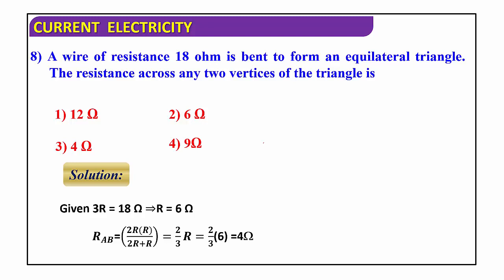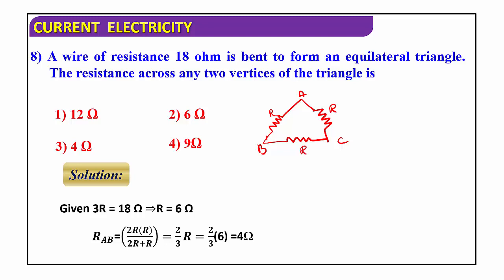Equilateral triangle means I can consider one resistor here, another resistor here and one more resistor here, right? So A, B and C. The wire is bent in the form of an equilateral triangle. So let us consider having resistances R, R and R. Is it clear?